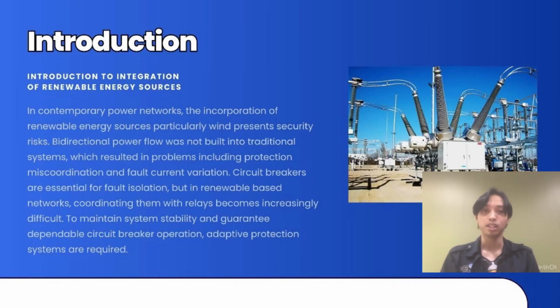To overcome this, the use of adaptive protection schemes becomes essential. These are flexible systems that can respond in real time to changes in load, direction of current, and fault behavior, ensuring both safety and stability.